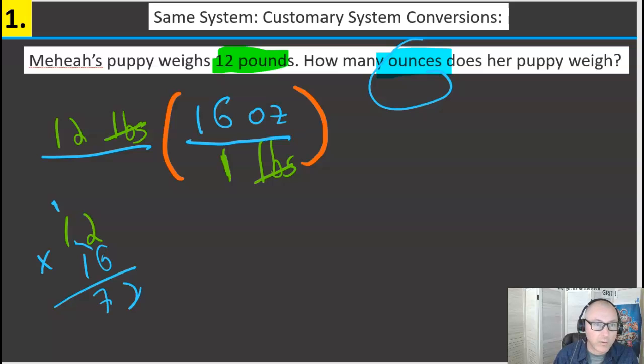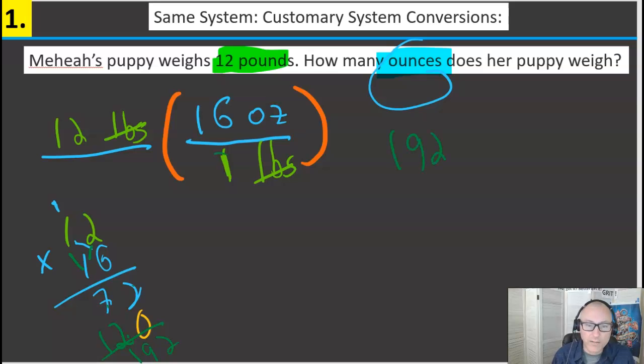Put in my little placeholder 0 here. All right, let's finish doing our multiplication here. 1 times 2 is a 2. 1 times 1 is 1. Let's add it up. 2 plus 0, 2. 7 plus 2, 9. 192. So 192 ounces.